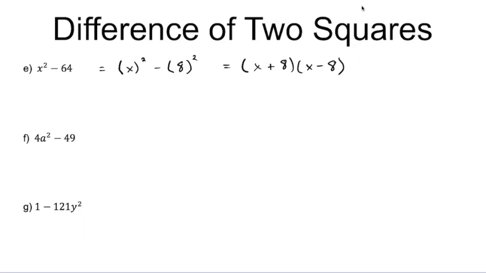Let's look at our next example. I've got 4a squared. That can be expressed as 2a all squared. And the square root of 49 is 7, all squared, giving me a difference of two squares of 2a plus 7 and 2a minus 7.